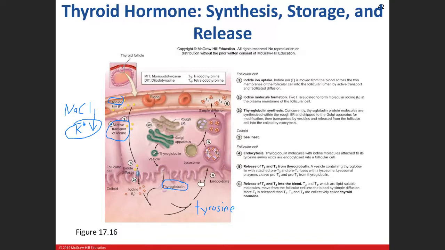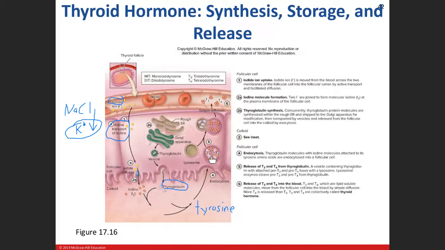Once it enters the cell, it has to get endocytosed into the cell. When it's still bound to the thyroglobulin, it's pre-T3, pre-T4. Once it's cleaved off, think of it as we're cleaving off the thyroglobulin, we're also cleaving off the pre of those molecules.